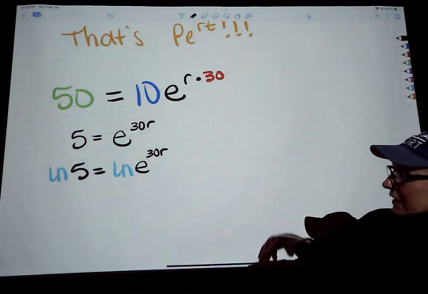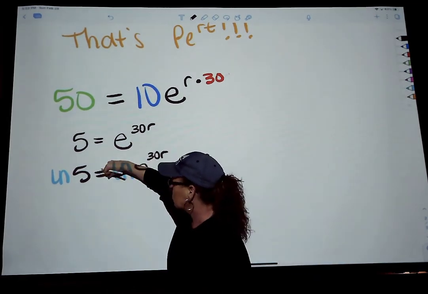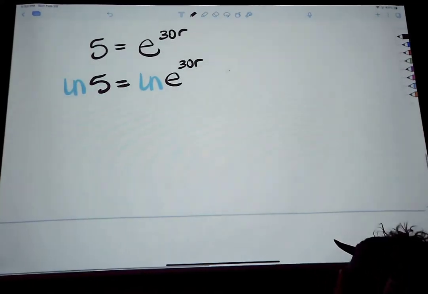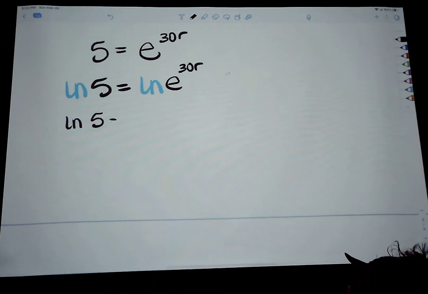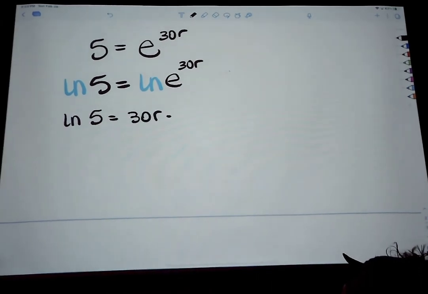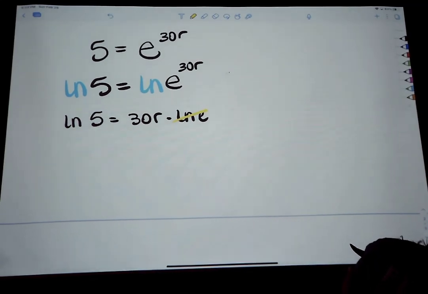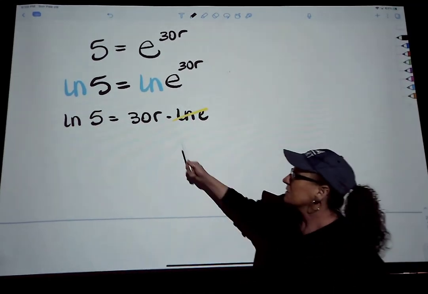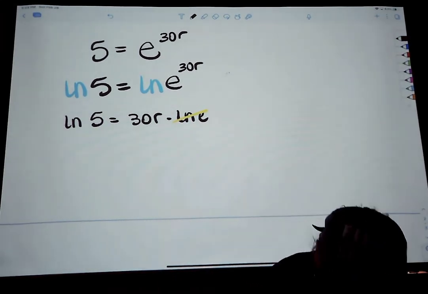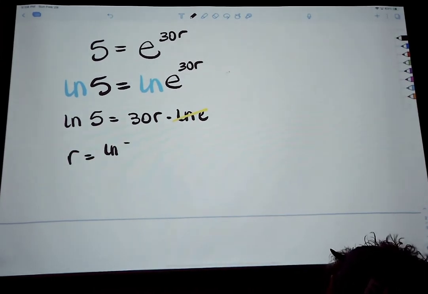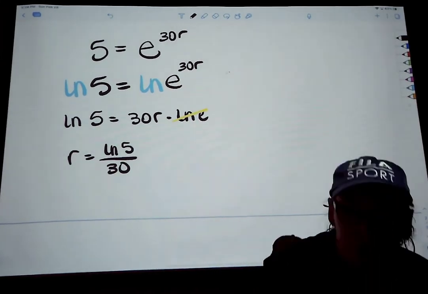And remember, when you natural log, you can take your exponent and bring it down to the front. Natural log of e is just 1. To find r, I'm going to divide both sides by 30. r equals natural log of 5 over 30.